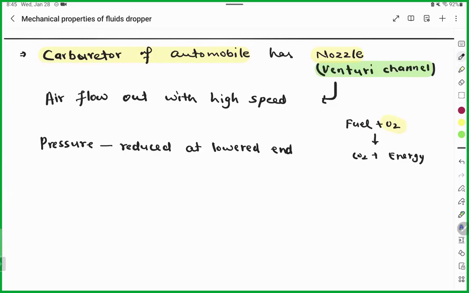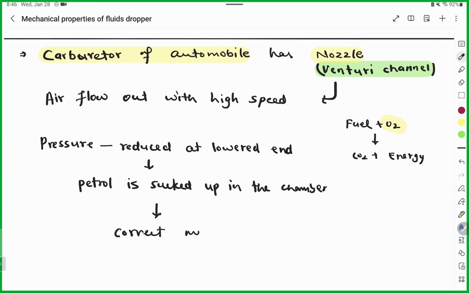Okay. So when pressure is reduced at the lower end, you will see petrol or any fuel is sucked up in the chamber, and there will be the correct mixture of air to fuel.